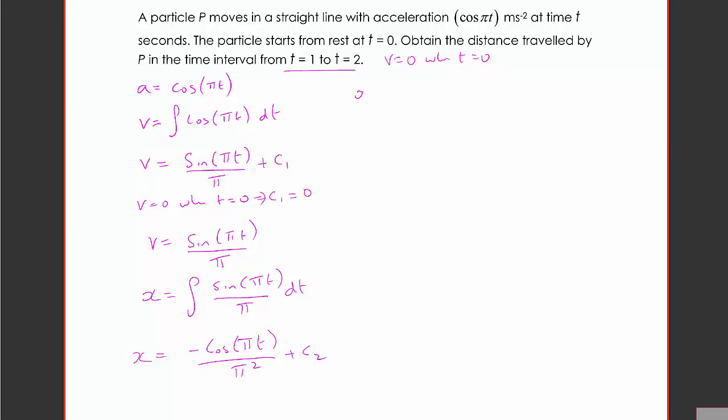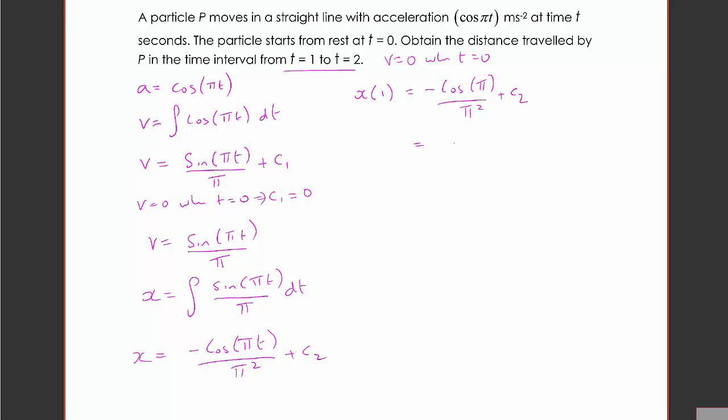Now, x of 1 is going to be negative cos pi over pi squared plus c2.